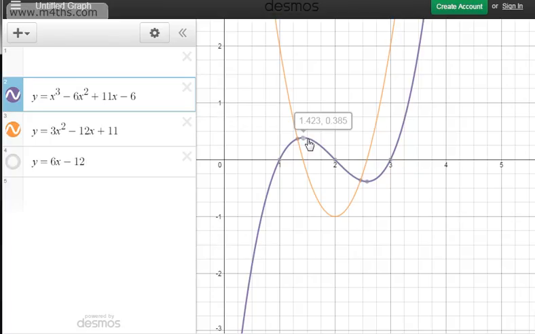If we look just here, where the x-coordinate is 1.423, we can see that the gradient of the derivative, so this, remember, is f dash of x, given f of x, the gradient of f dash of x, or f double dash of x, would be negative.